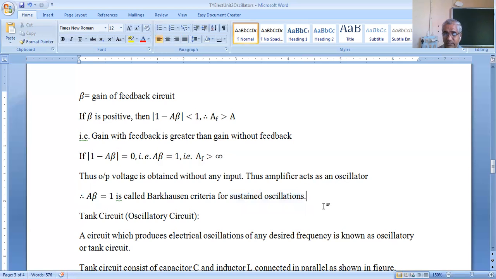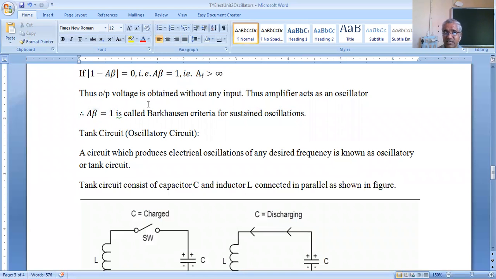Until this condition is satisfied, you will not get the oscillation.